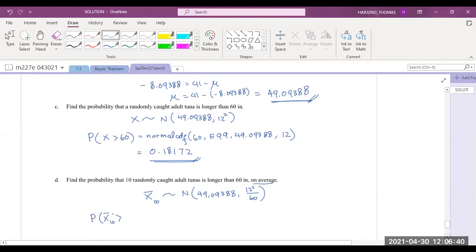Sorry, not divided by 60, divided by 10, because there are only 10 tunas. You want the average to be longer than 60. That will be normal CDF 60 to infinity. The mean is 49.09388. The standard error, however, is 12 over square root of 10.